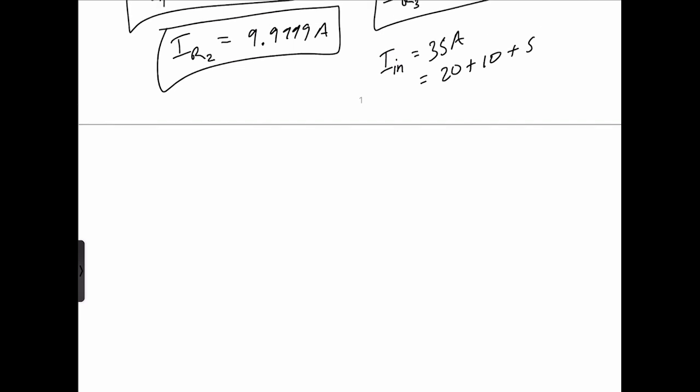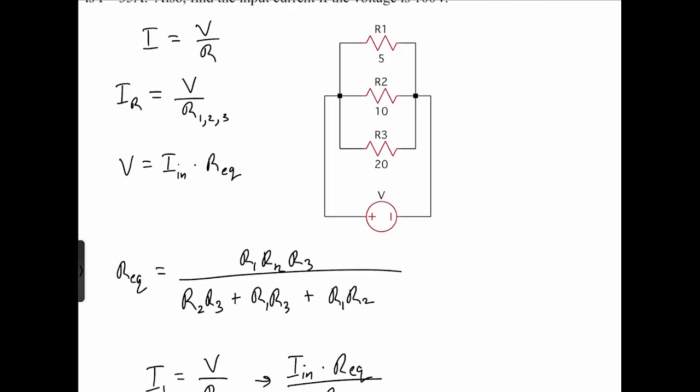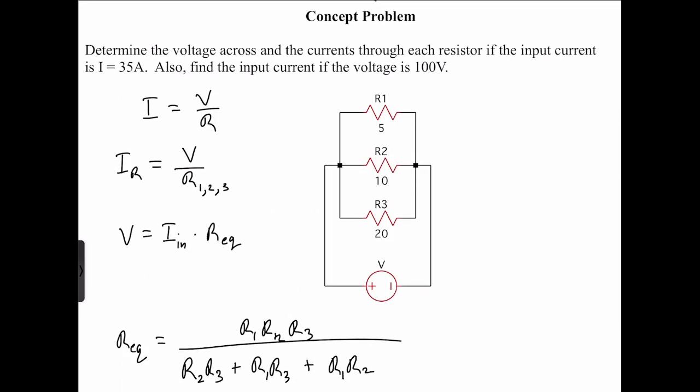So because resistors in parallel have the same voltage, we know that the voltage across, so we find the current through each resistor, so now we need to find the voltage across each. So we know that the voltage across resistors in parallel are equal. So the voltage across R1, R2, and R3 is the same.